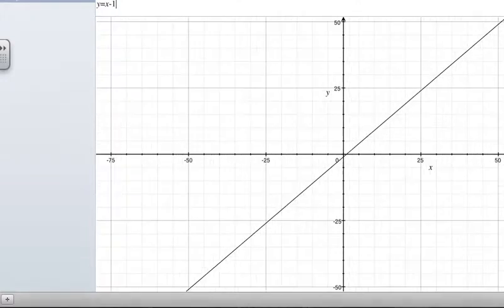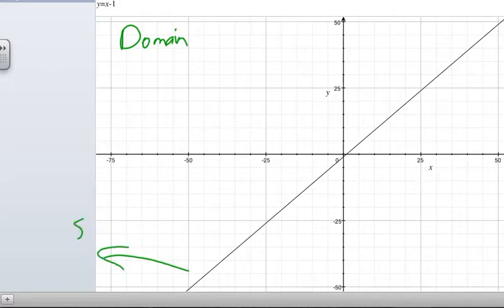And I want to look at some really big numbers out here. Okay. So we want to deal with domain first. I come out here and I notice as I continue to zoom out and zoom out, everything out here is still in range. And I mean everything.